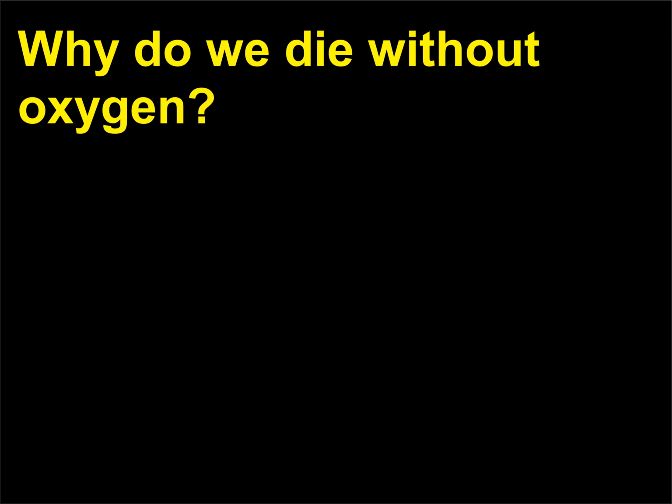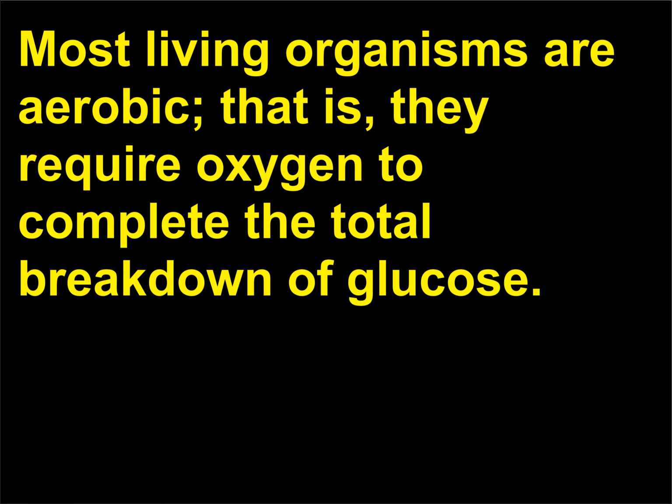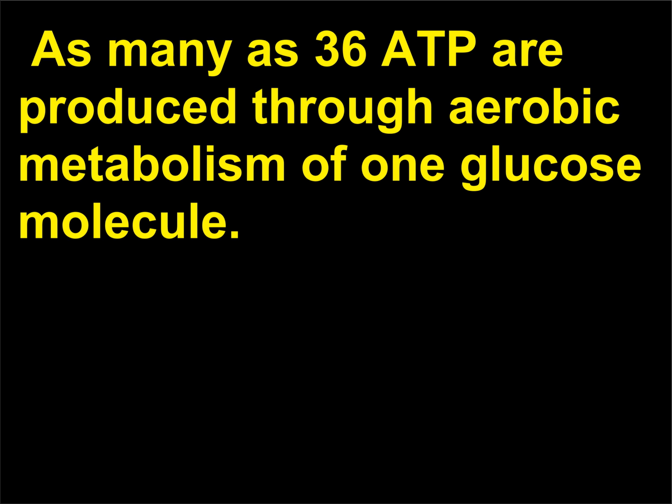Why do we die without oxygen? Most living organisms are aerobic, that is, they require oxygen to complete the total breakdown of glucose. As many as 36 ATP are produced through aerobic metabolism of one glucose molecule.